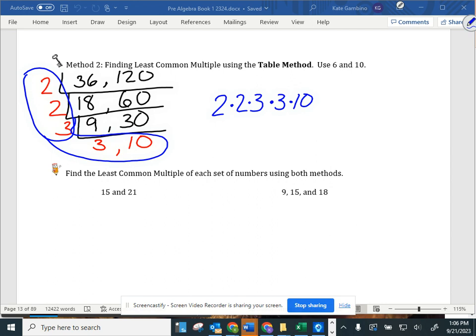So remember, our numbers that we're working with are 36 and 120. What is their least common multiple? What number is it? 360. So the least common multiple of 36 and 120 is 360.